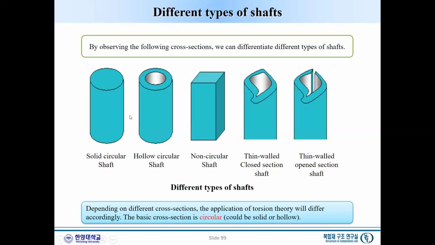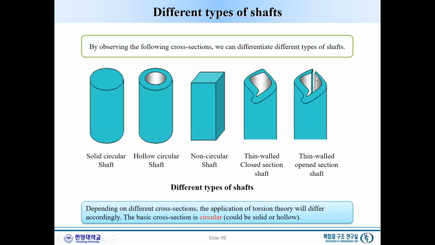These two shafts certainly have circular cross sections, and our theory is mainly applied to these two types of shafts. And non-circular shafts such as the rectangular, thin wall closed section shaft and thin wall open section.